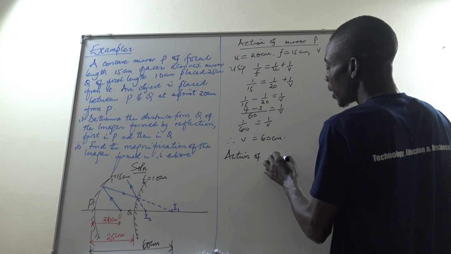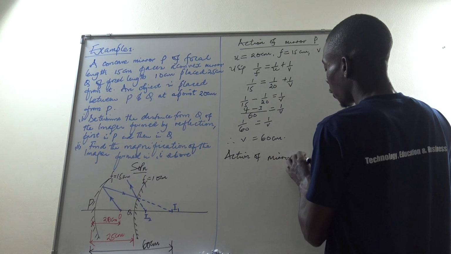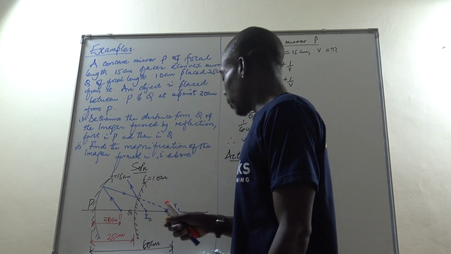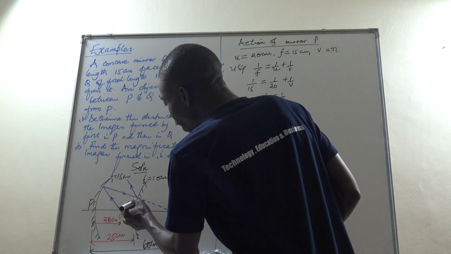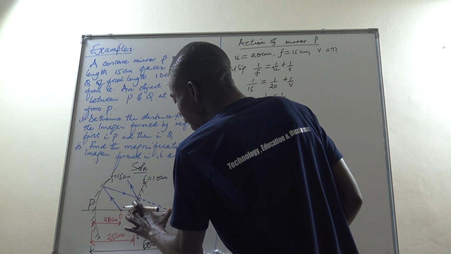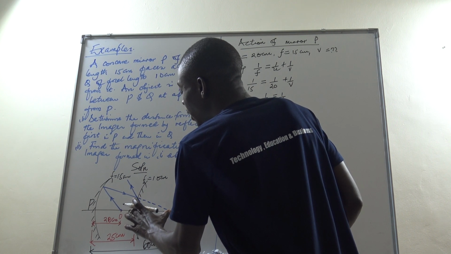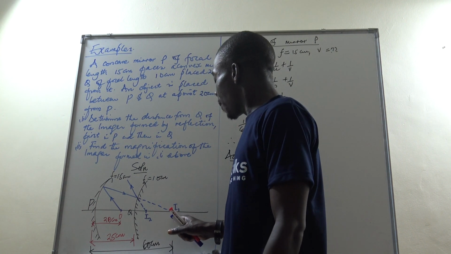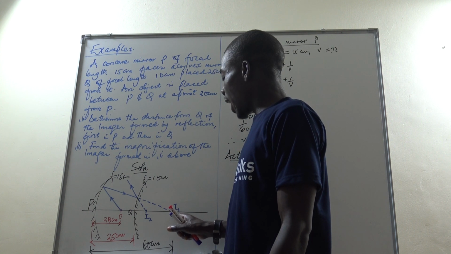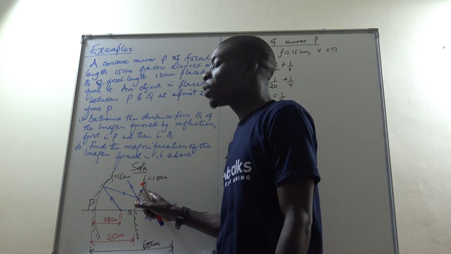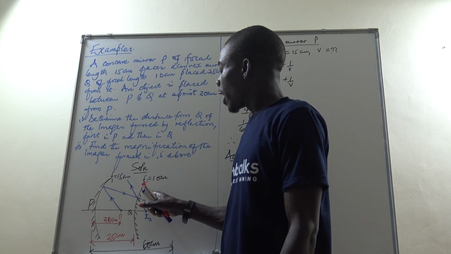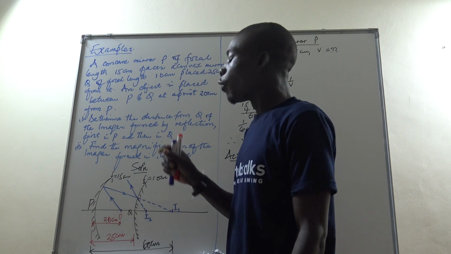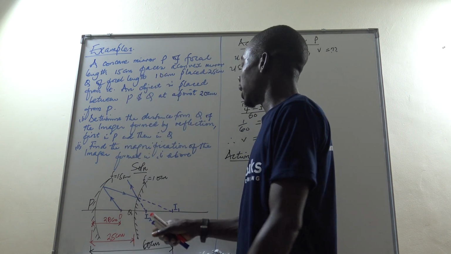And then we can now look at the action of mirror Q, I mean the convex mirror. Now, what is very true is that this image here, which is I1, is going to act as a virtual object for this mirror Q to form its own image at I2.